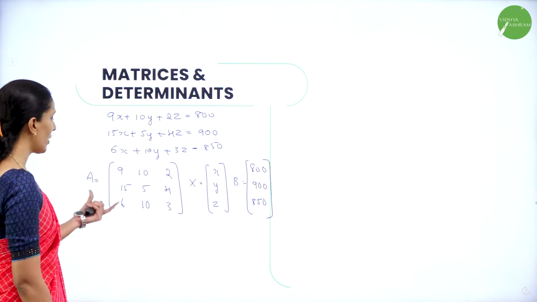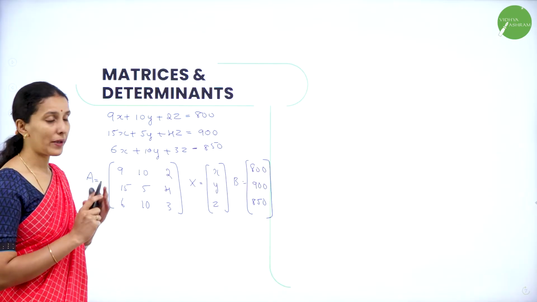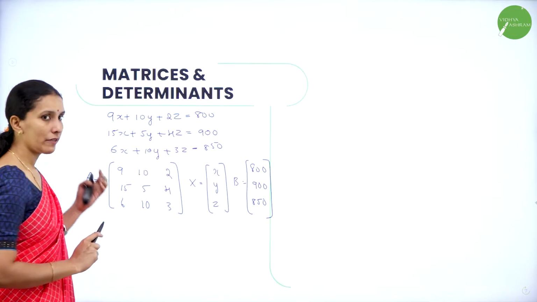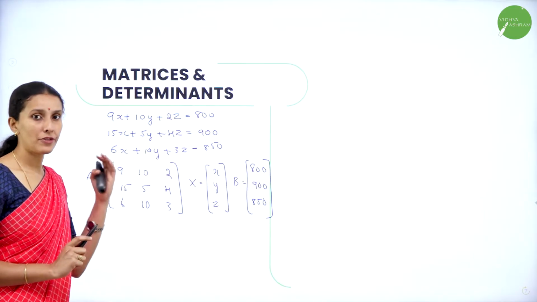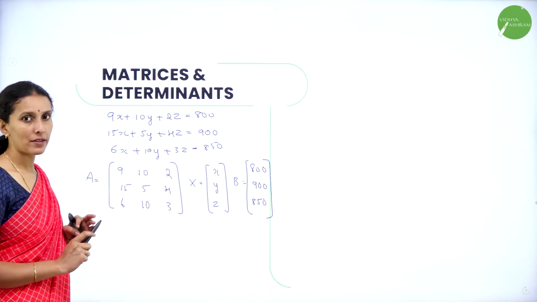Now once we have got the matrix A, we need to find out whether A inverse exists or not, because we need to solve it by matrix method. Writing the information they have given carries 1 mark and the solution by matrix method contains 5 marks. So totally this is a 6 marks question.